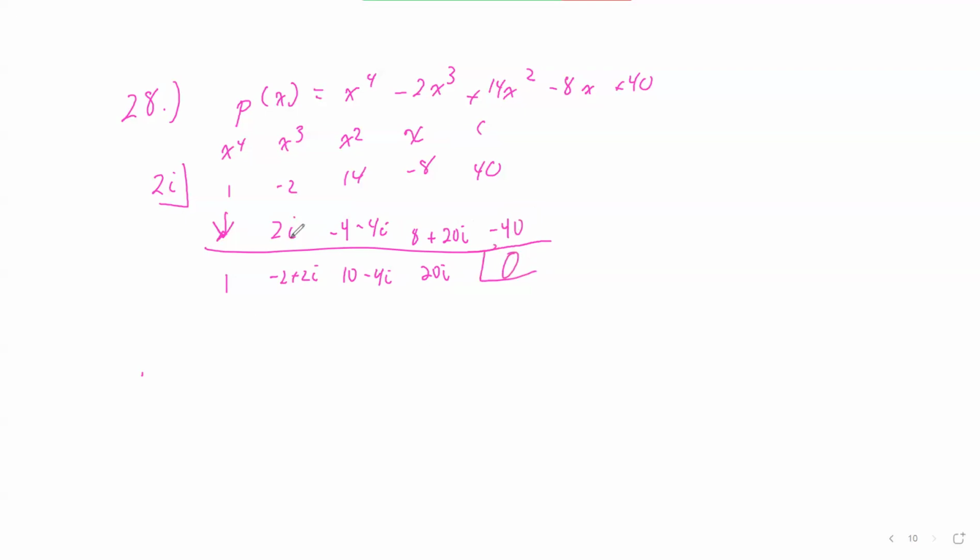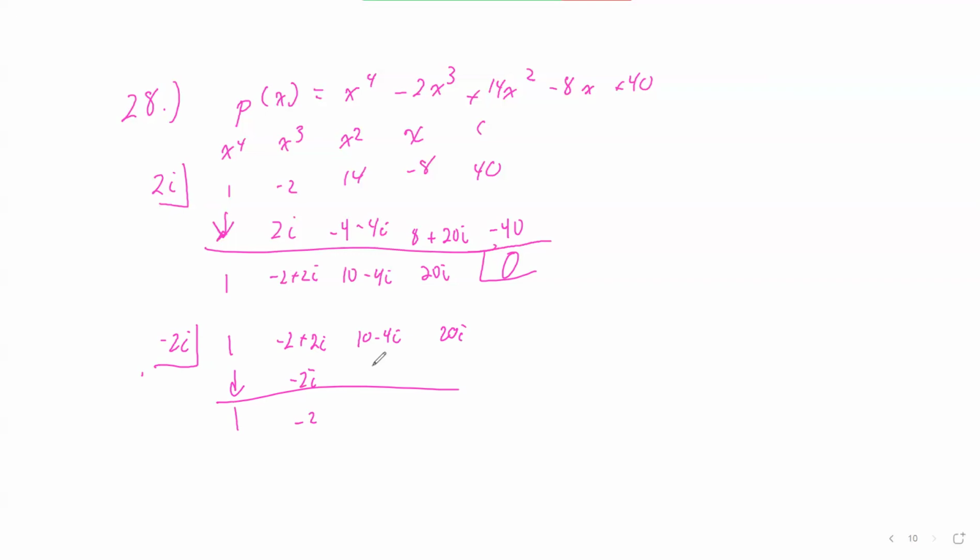If it tells you it's a zero, it has to work, right? So if 2i is it, using the conjugate theorem, now I know that negative 2i is a zero. So I'm going to use the same things here. So that gives me negative 2i. This is negative 2.